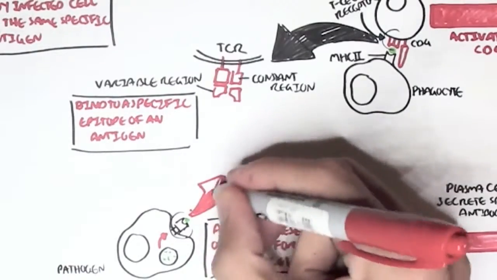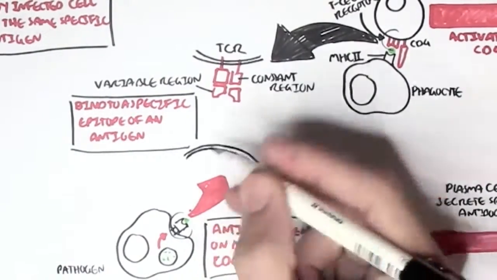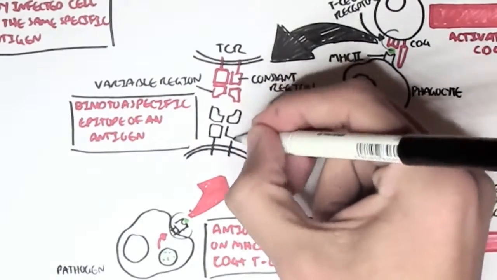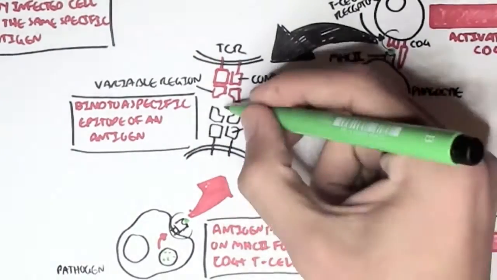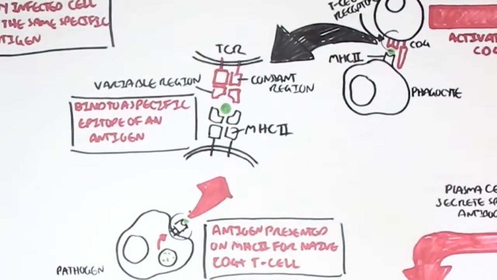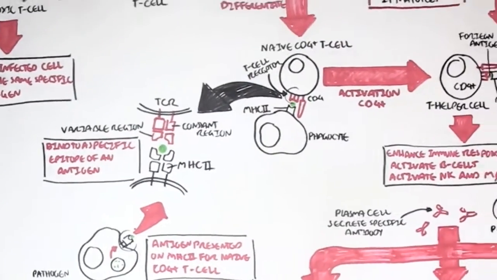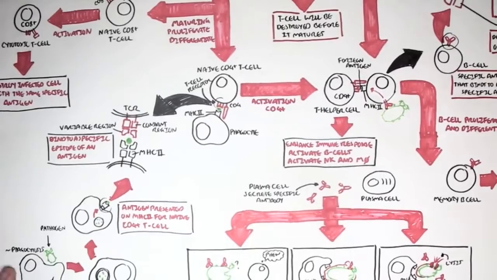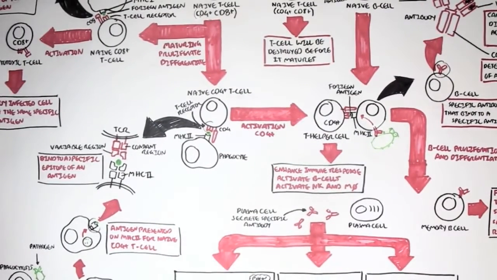So luckily, in this case, this naive CD4 T cell's T cell receptor recognizes this specific type of antigen. And during this process, the CD4 co-receptor has to confirm it. And then from this, the naive CD4 T cell will become activated to become a T helper cell, which will then activate the B cells, etc.